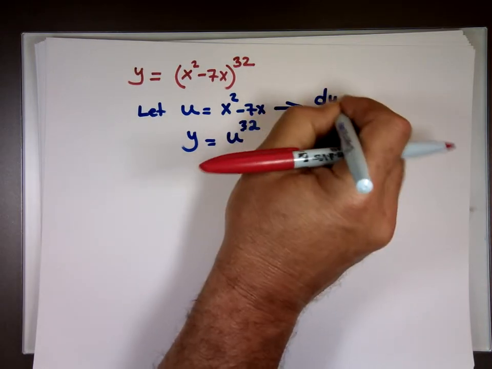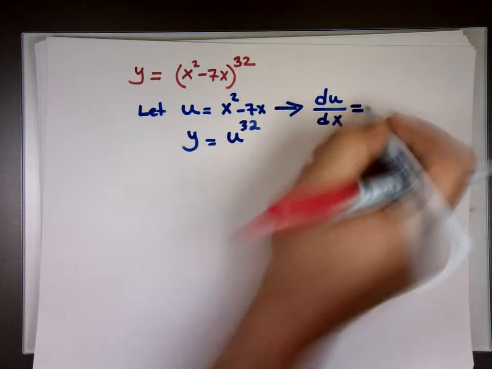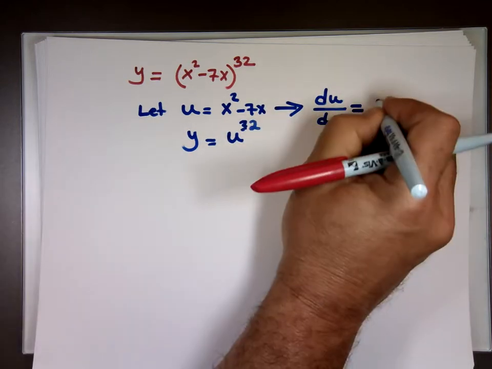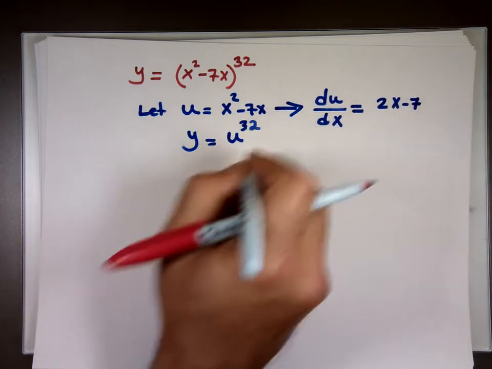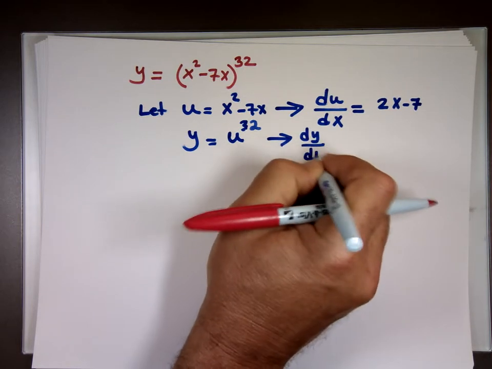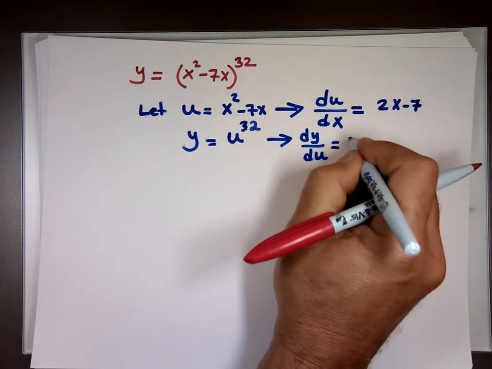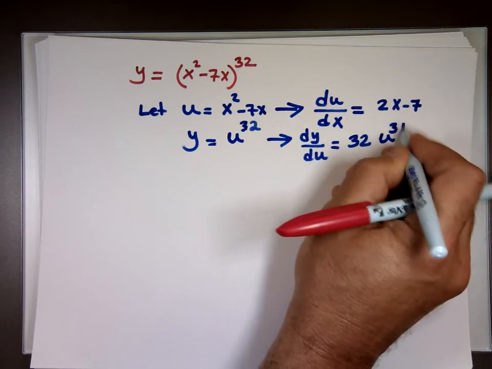What's du/dx? 2x minus 7. Okay. And what's dy/du? It's 32 u to the power of what? 31.